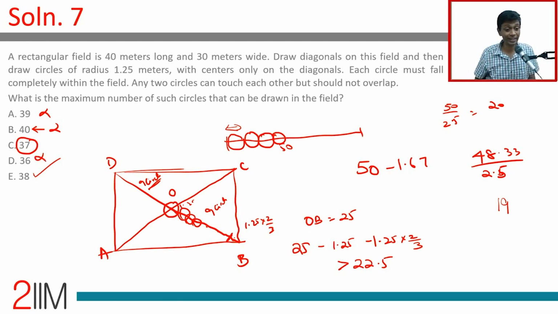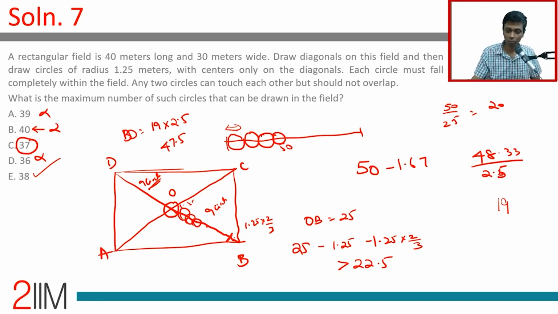Can we squeeze in 19 plus 19? That means on BD, do we have a continuous length of 19 into 2.5, 47.5? Can we get that on BD to get 19? 18 is possible, that we have seen. Is 19 possible? Is a 47.5 meter length possible?